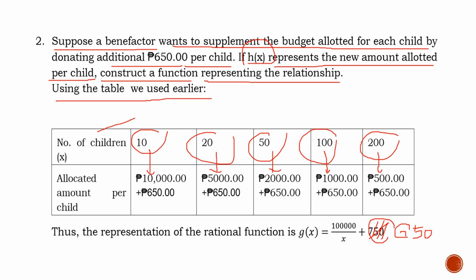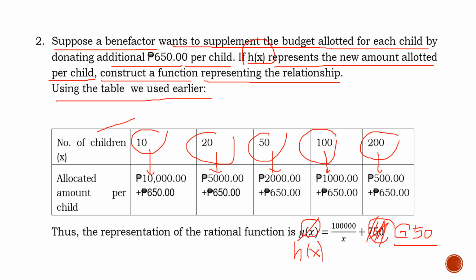So what we're going to do is add this 650 to the given function in our first example, which is 100,000 over x. We use h of x, not g of x. Your h of x is equal to 100,000 over x plus 650, not 750.